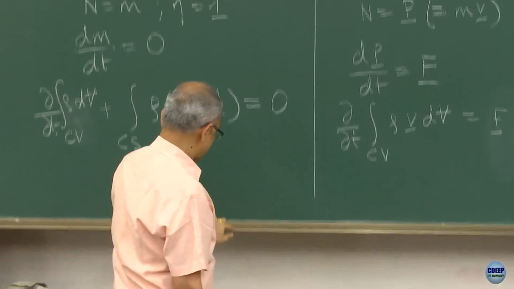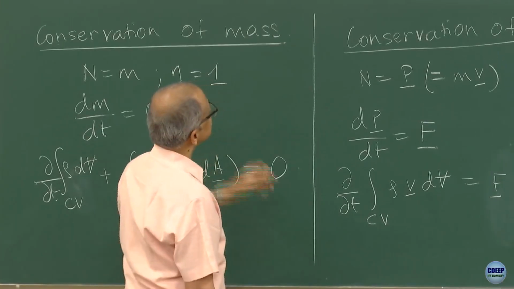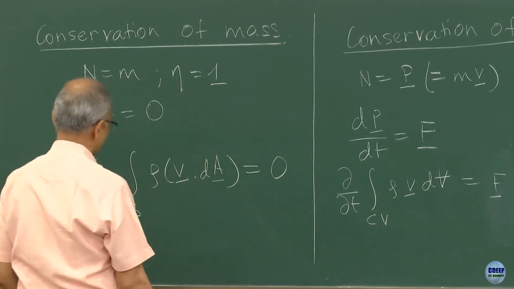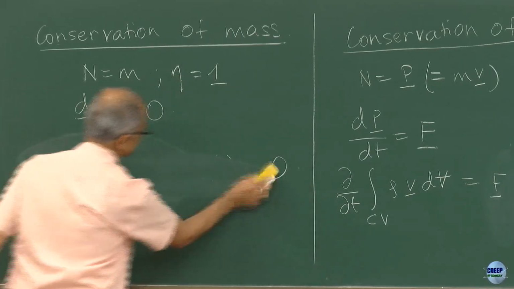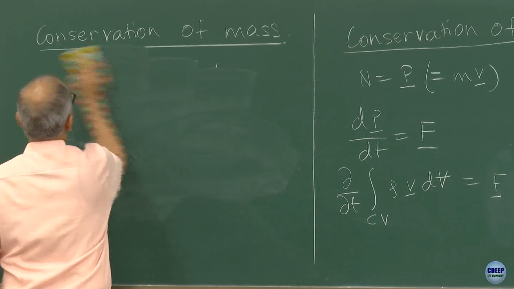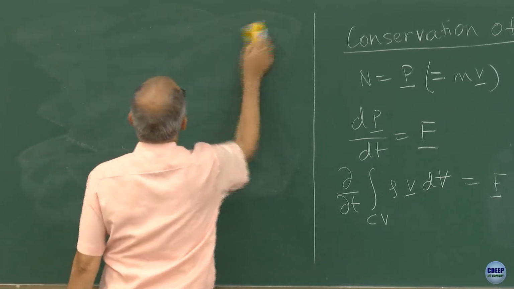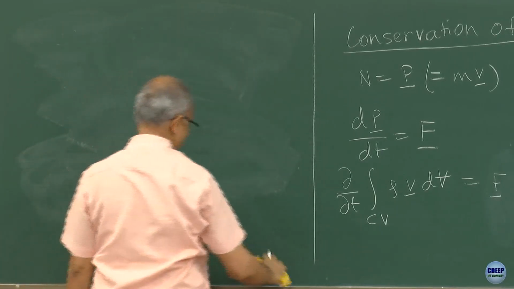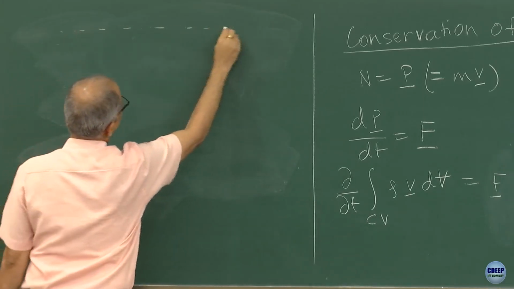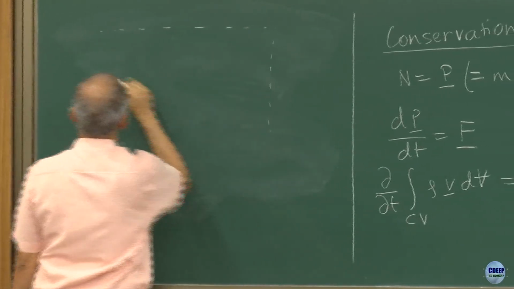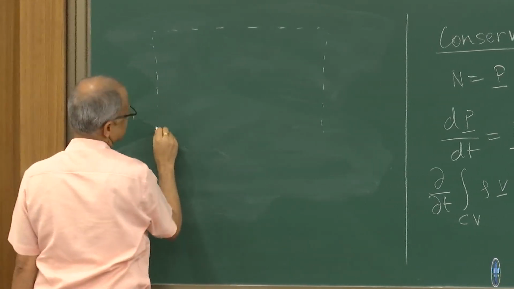Now let us look at the force. So I will take the same control volume and I will ask you to tell me what are the forces which are acting on it.